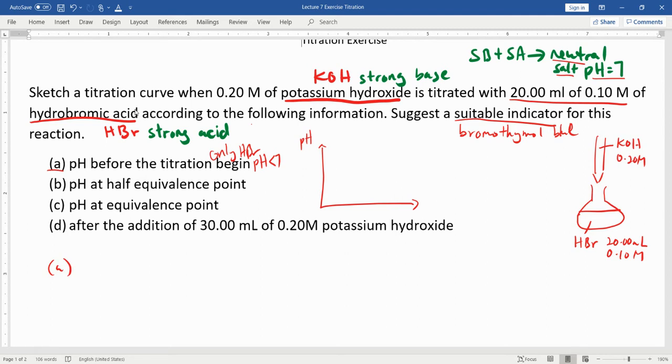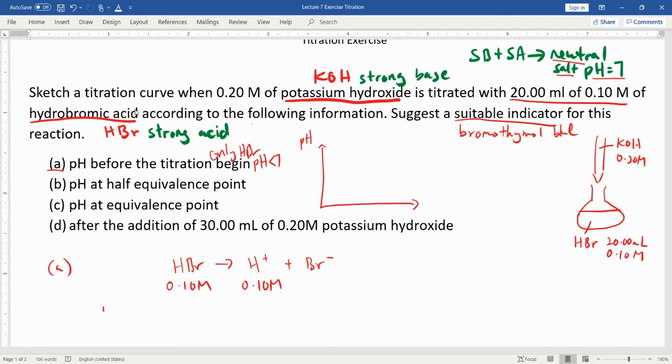So to find the pH, we know that HBr is a strong acid. It will completely dissociate into hydrogen ion and bromide ion. We are given 0.1 molar of hydrobromic acid, so we are going to have 0.1 molar of hydrogen ion as well.